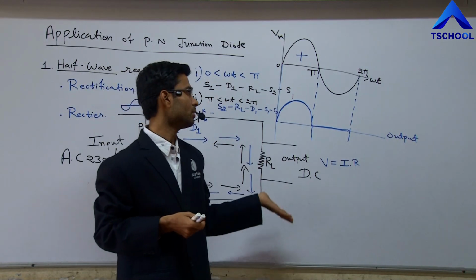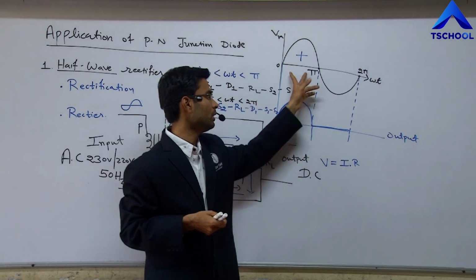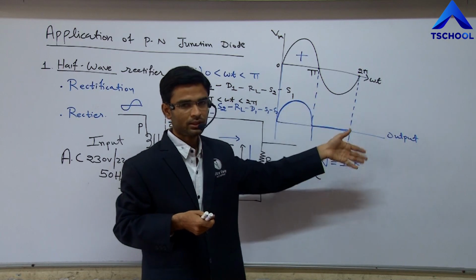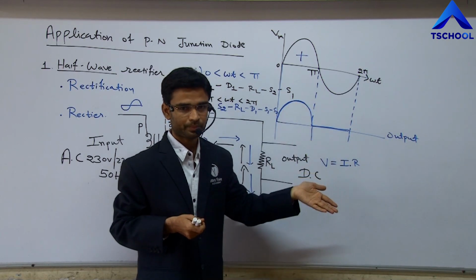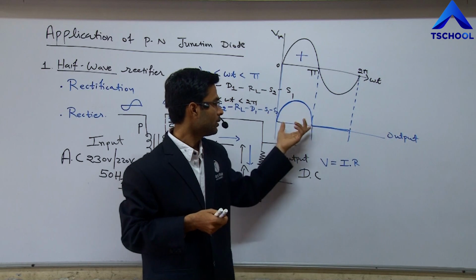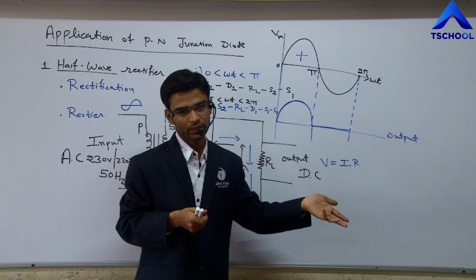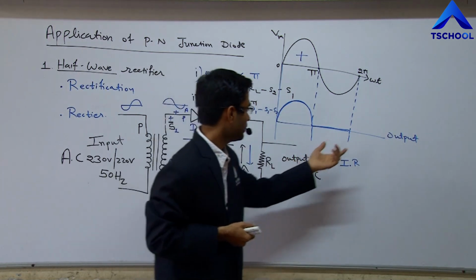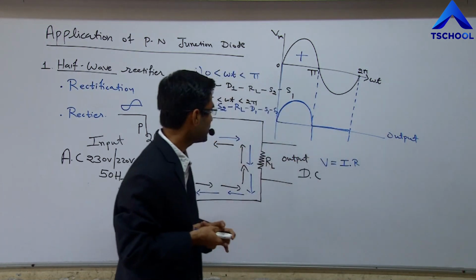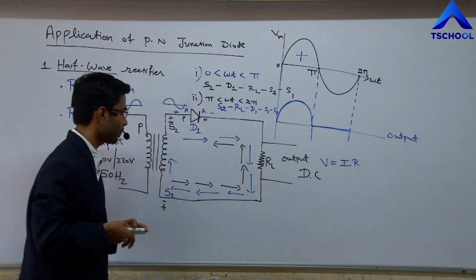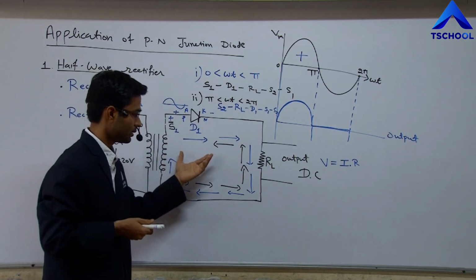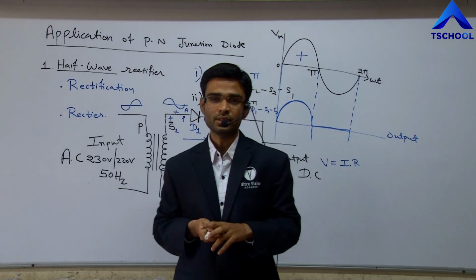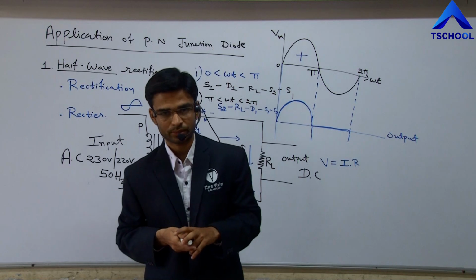Because we got output only during the positive half cycle, and that cycle is periodically repeating. In this manner the half wave rectifier converts AC energy into DC energy.